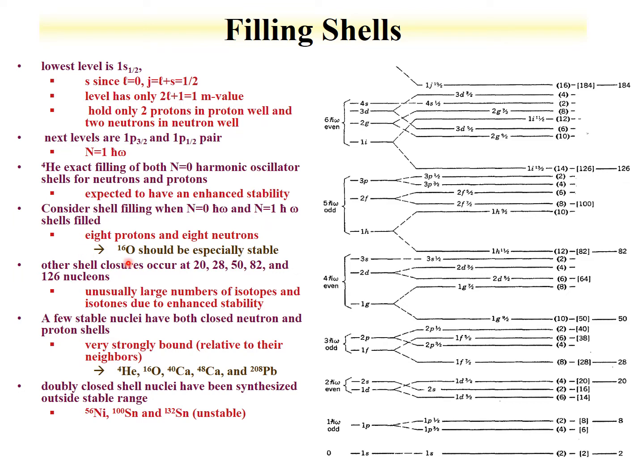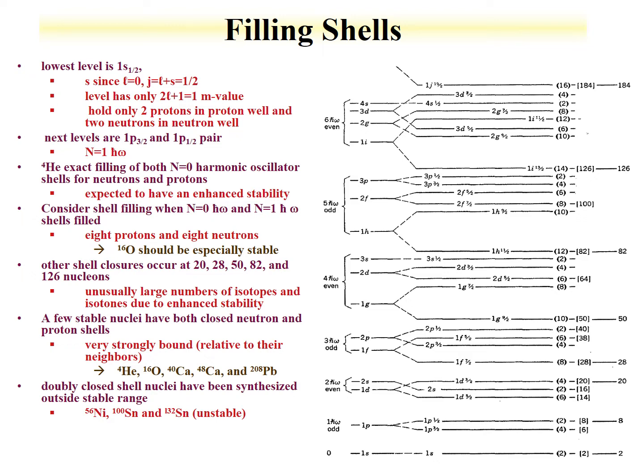So something where I have 8 protons and 8 neutrons, which would describe oxygen-16, should be especially stable from the nuclear component. We see the other shell closures at 20, 28, 50, 82, 126, and then 184.